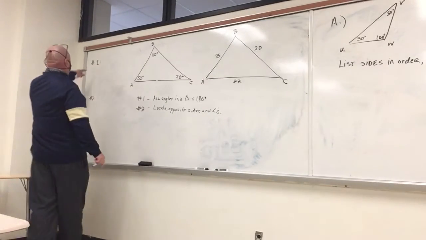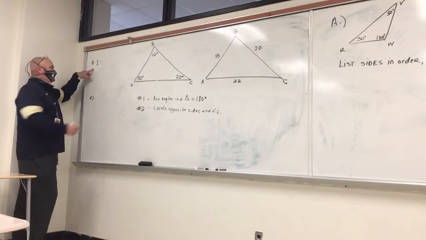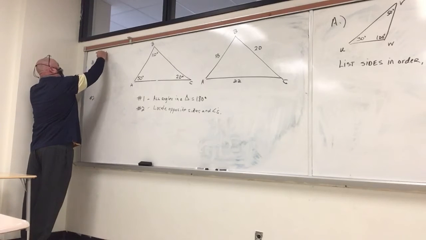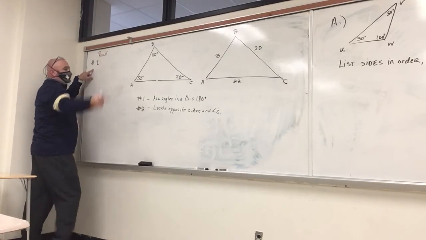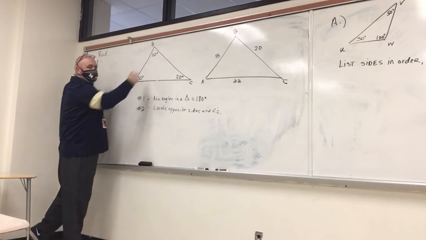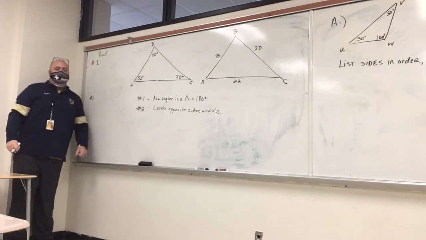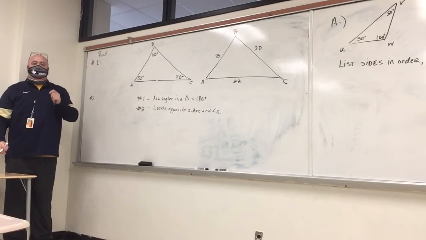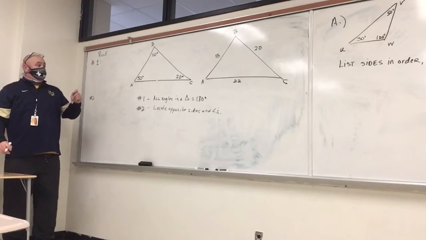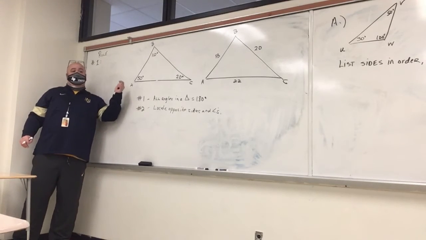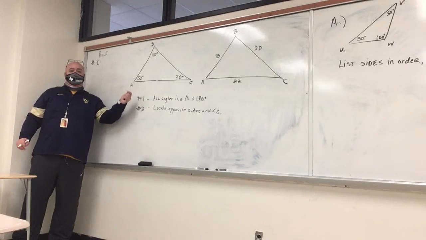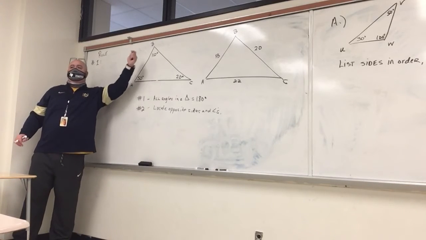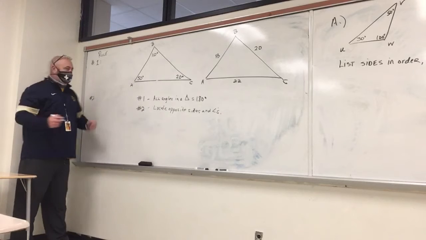All right, here we go. Rule number one, and we're talking about this triangle right here. The triangle inequality theorem states this: the side opposite the largest angle is the largest side. Let's write that down.